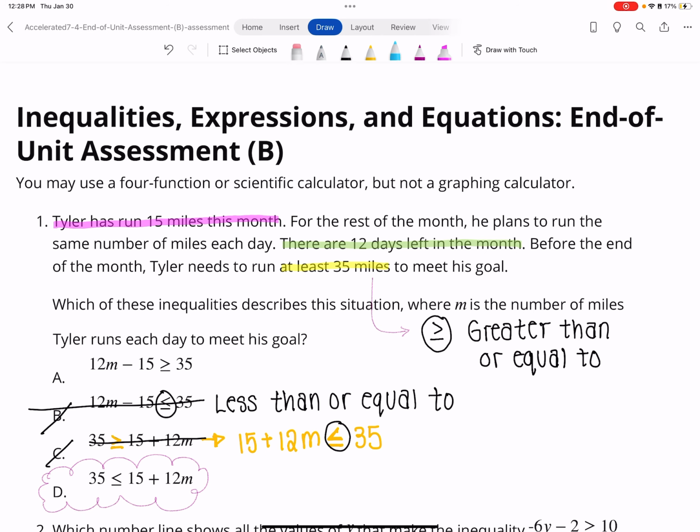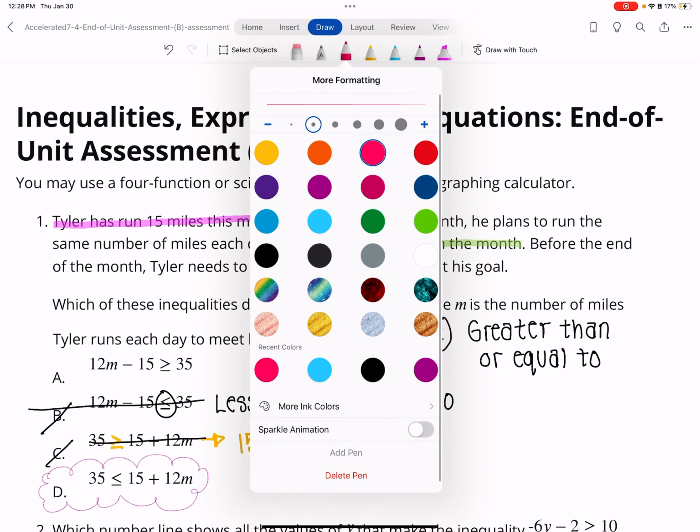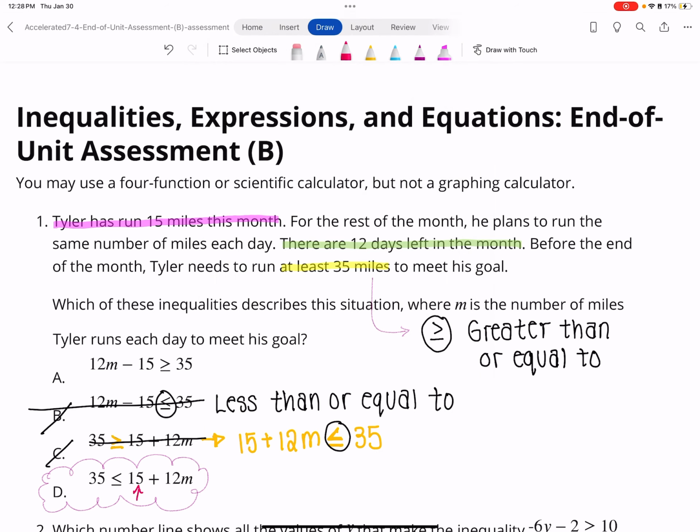because we can even identify all the different parts, right? 15 represents Tyler already ran 15 miles. And we know that there are 12 days remaining. So there are 12 days left in the month.